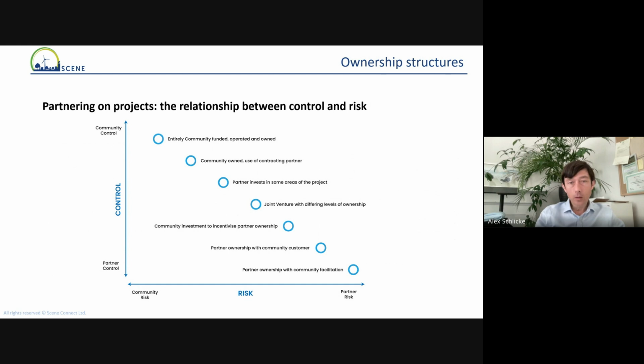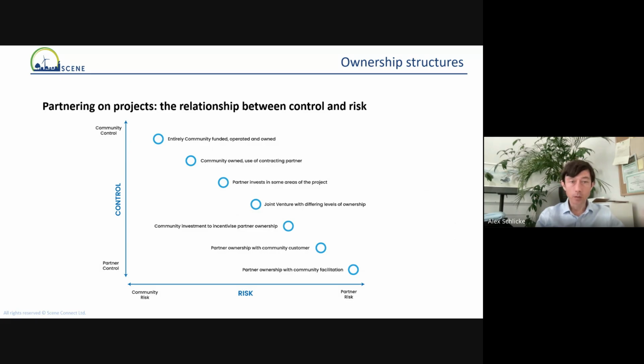Then you need to think about ownership structures, and the diagram here is one that's been prepared. I think it was by Bayes, but it's been around for a long time. It shows in a very clear linear arrangement the relationship between control and risk.